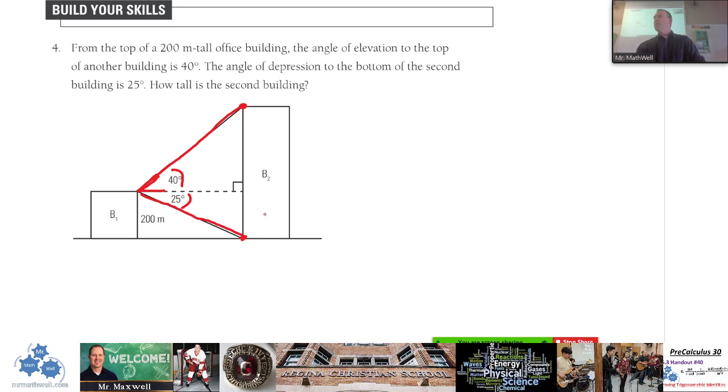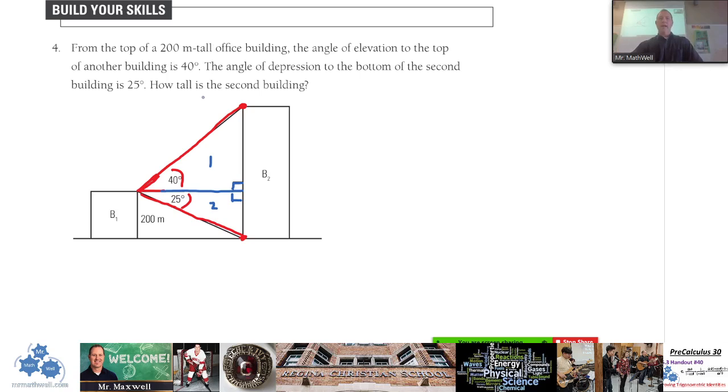If you were not given this diagram, you would be expected to sketch this out so that you can see what's going on. And when you do that, knowing that the horizontal forms a 90-degree angle with the second building, we can assume these buildings are perpendicular to the ground. So we can see that we have two right triangles. Here's one and here's two. So this is a problem definitely involving more than one right triangle.